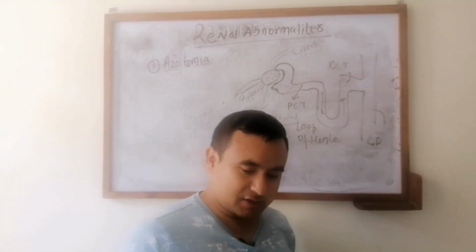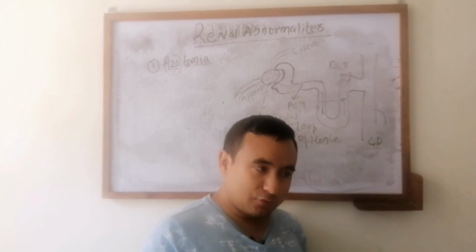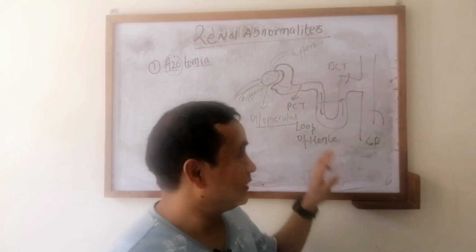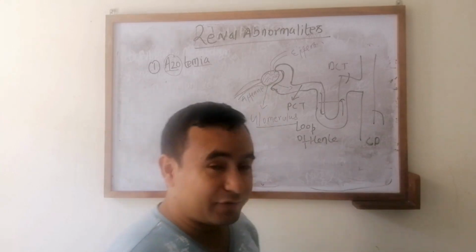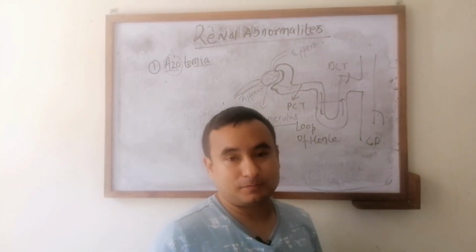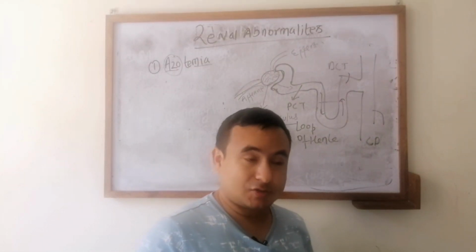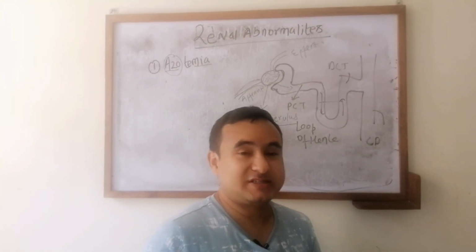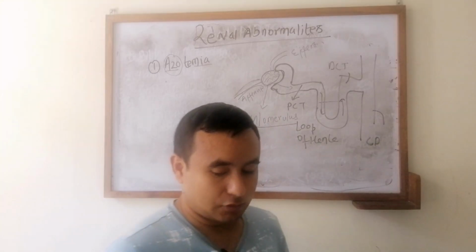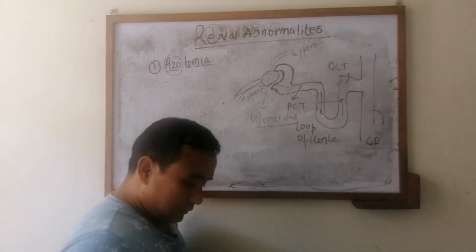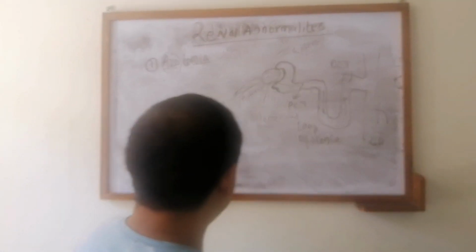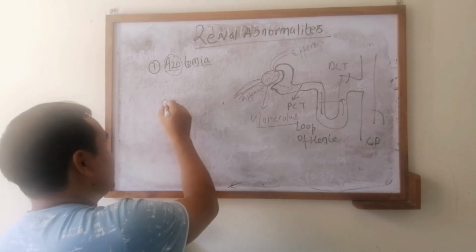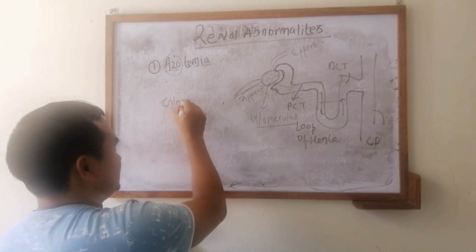So can we calculate the glomerular filtration rate in our body? By that we can assume whether our glomerulus is healthy or not. For that you need to calculate the glomerular filtration rate.